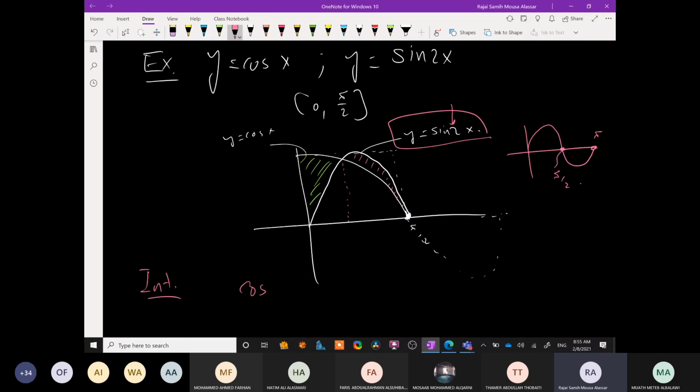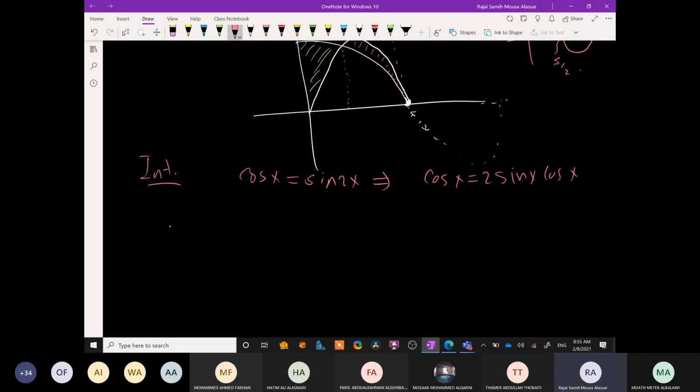Intersection means cosine x has to be equal to sine 2x. What does that mean? It means cosine x is equal to 2 sine x cosine x, right? Which means that if I bring cosine to the other side, it will be cosine x times (2 sine x minus 1) is 0. You agree, Asham?